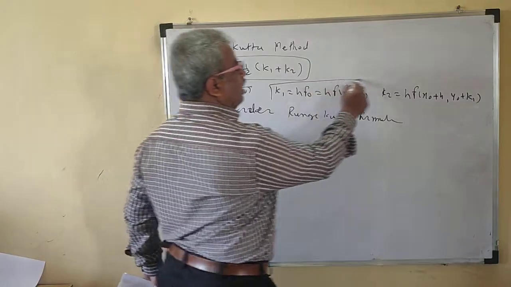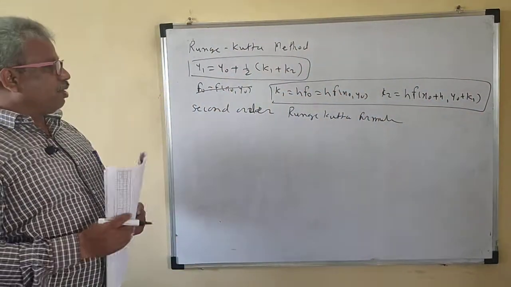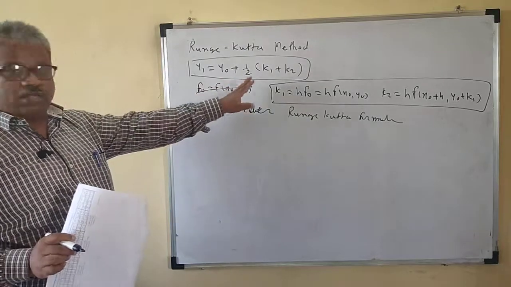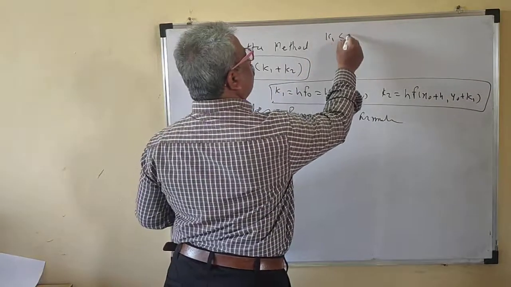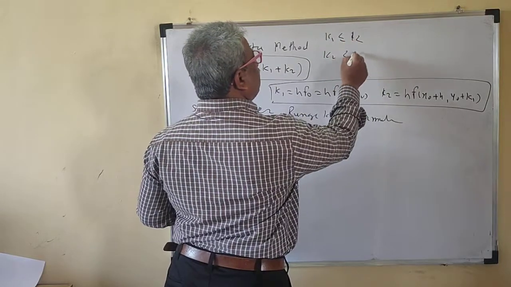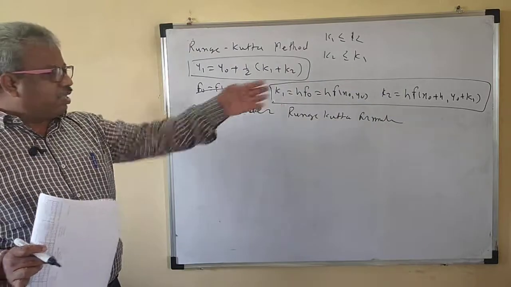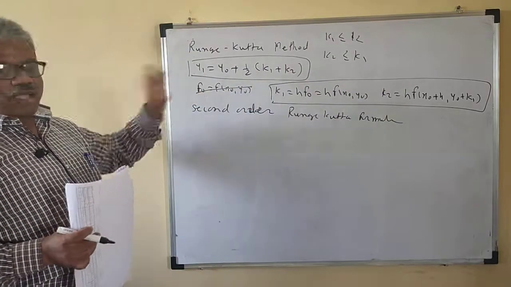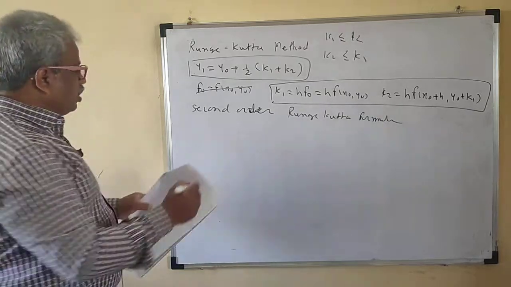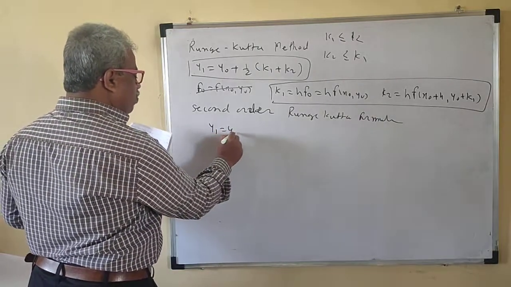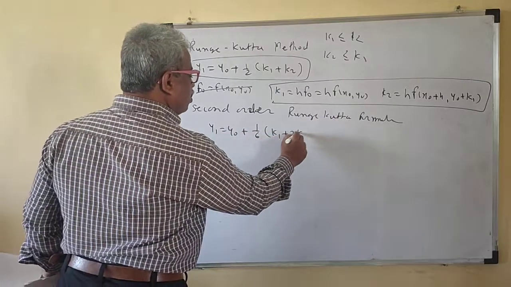These are very important formulas, and with the help of these, problems will be asked: find the value of k1 plus k2, or check whether k1 is less than k2 or k2 is less than k1, or find y1. Now for the fourth order, y1 equals y0 plus 1/6 (k1 plus 2 k2 plus 2 k3 plus k4).